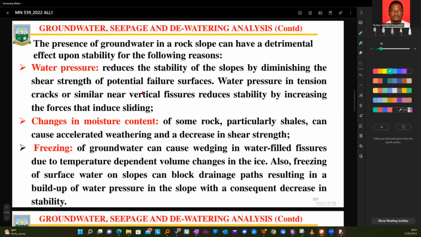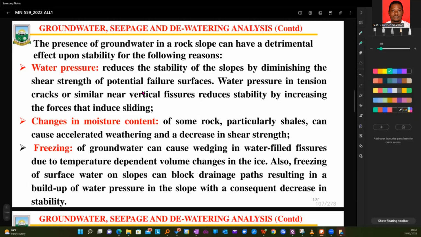The weathering rate increases. And so if you happen to check the durability of such rock, you wouldn't get good results. With the slake durability test we did yesterday, you will get lower values when you have rocks like shales to deal with. Then freezing of ground can cause wedging.